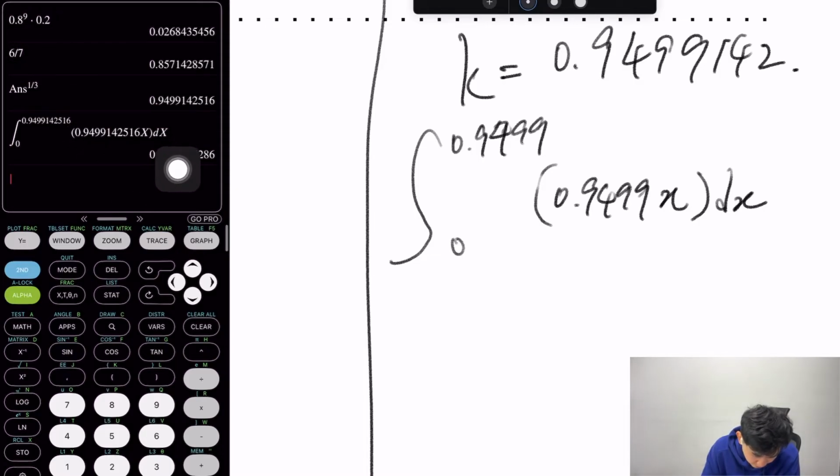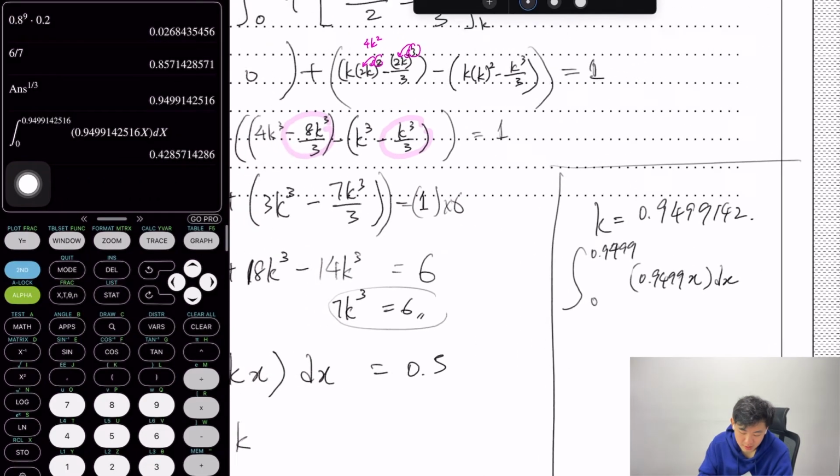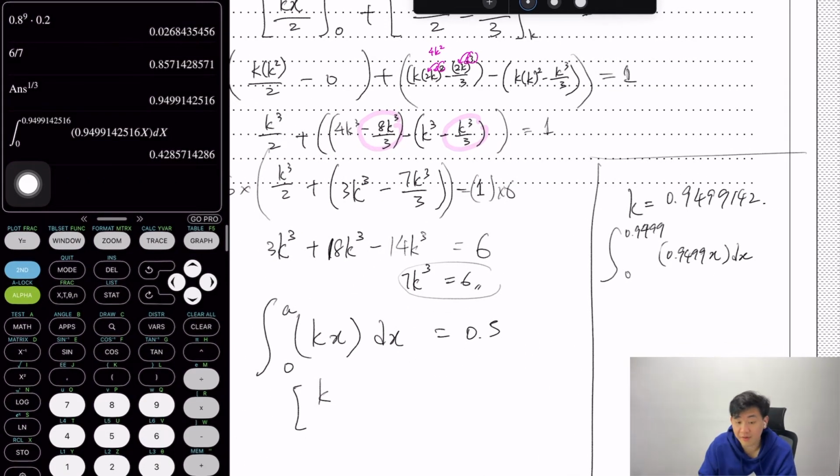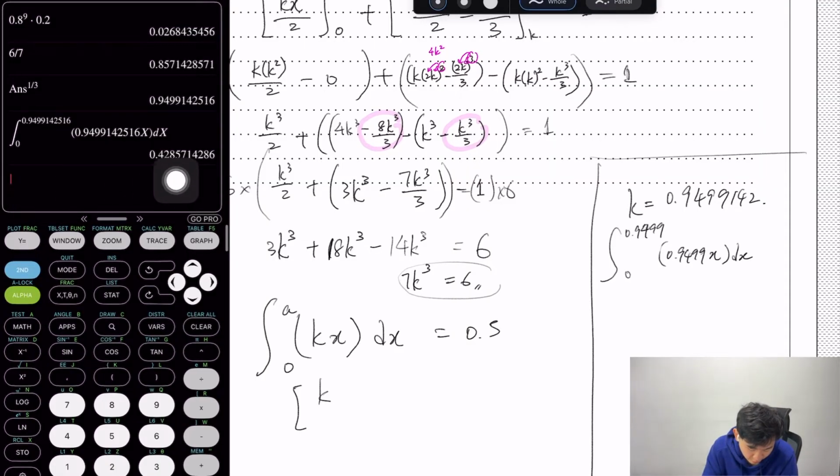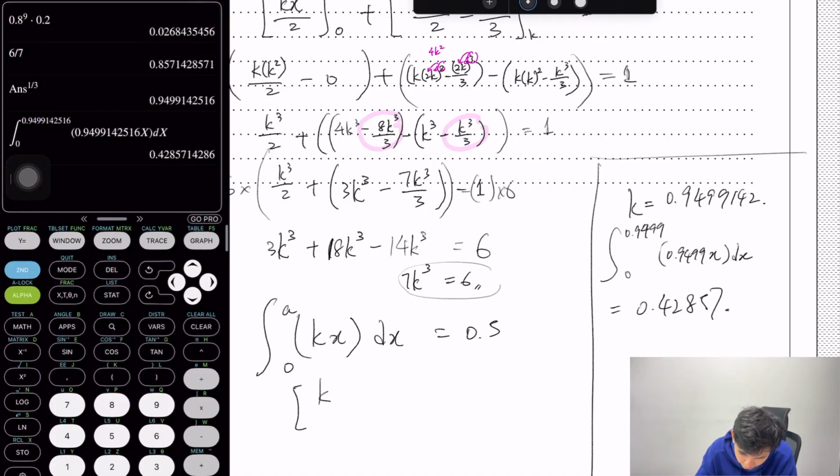Now you see here, this is 42%, right? That means if we calculate this part directly equal to 0.5, that doesn't make sense, because the maximum for the first part is equal to 0.42857 only, which is not 50% yet.